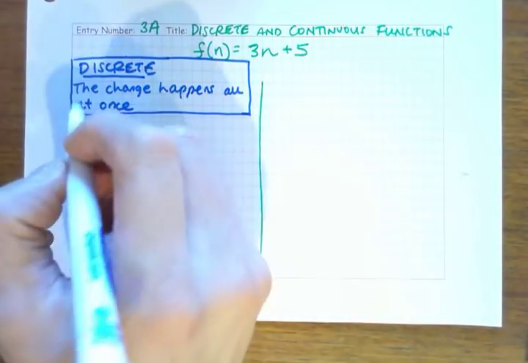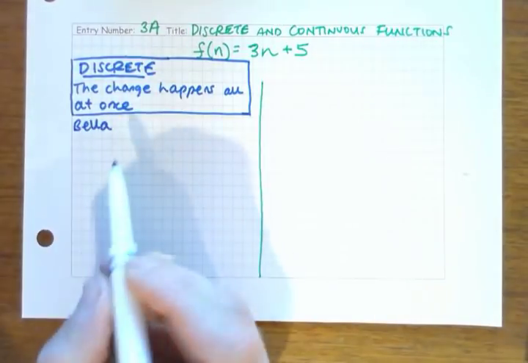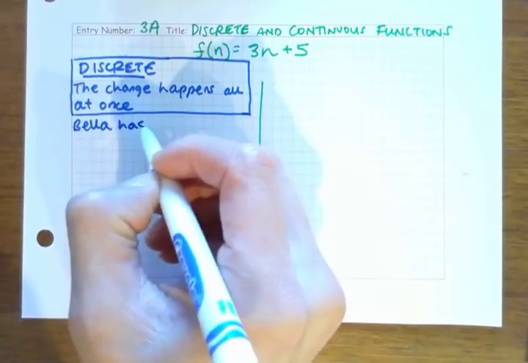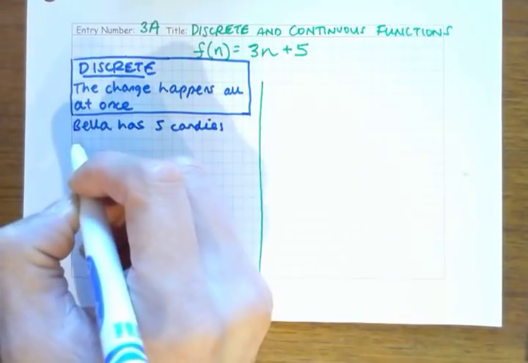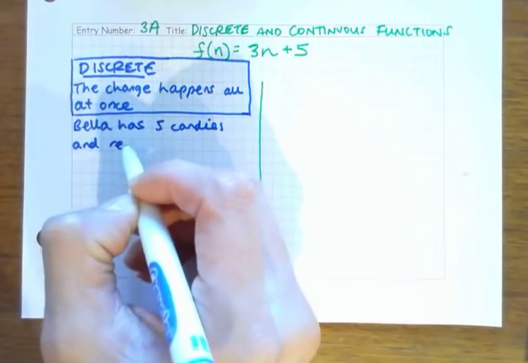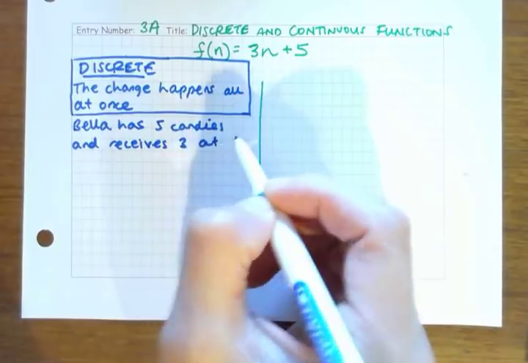An example is, let's say Bella is going trick-or-treating and she already has 5 candies and then receives 3 at each house she goes to.